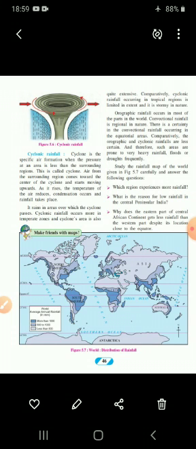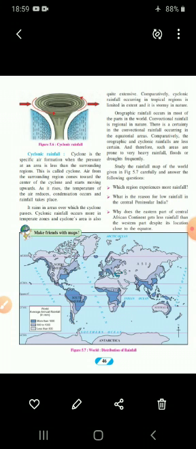But convectional rainfall occurs in limited areas like the Amazon basin or the Congo basin of Africa. Cyclonic rainfall also happens in particular areas near the ocean or regions where the temperature is very high. So that is about cyclonic rainfall.